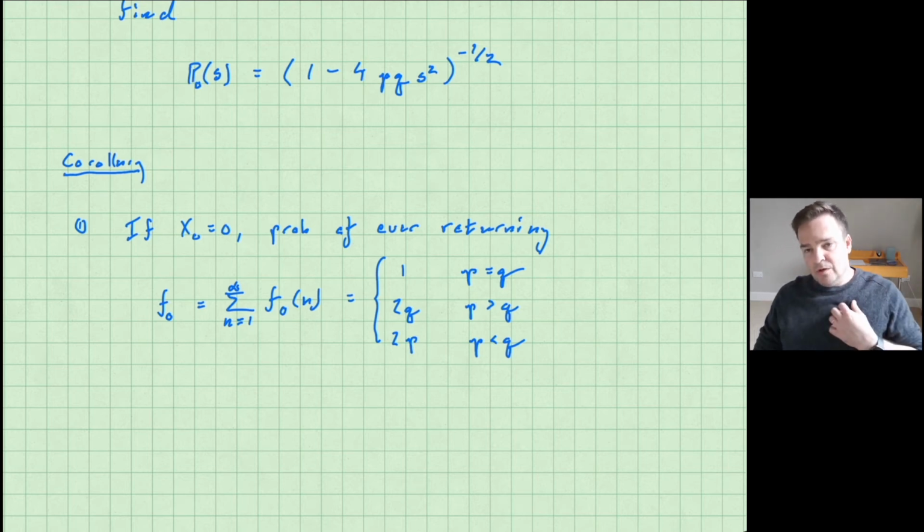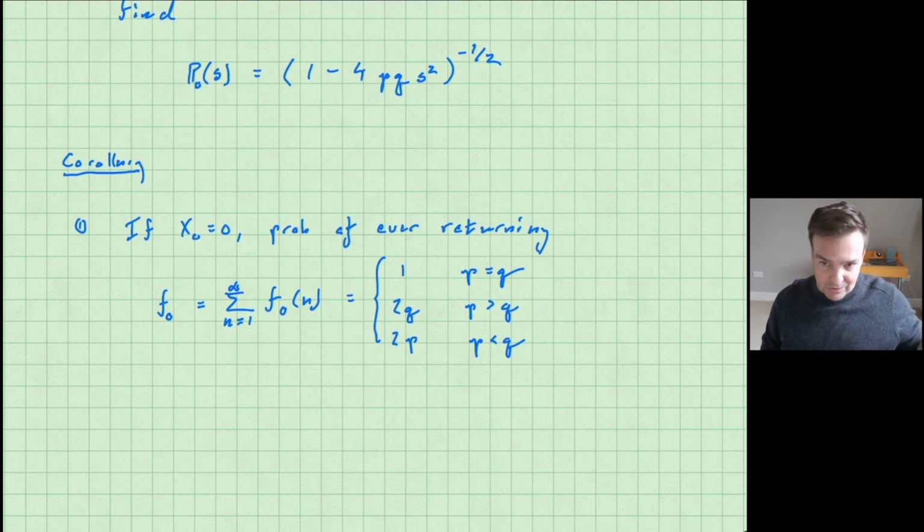And so for these three different conditions, one of them is what we call a recurrent state, right? That's the kind of state where you're guaranteed to come back. And that happens if it's equal chance of moving to the left and to the right. That makes sense, right? If you're doing an unrestricted random walk, and there's a bit of a push to one side, it seems sensible that you'll never come back from where you started.